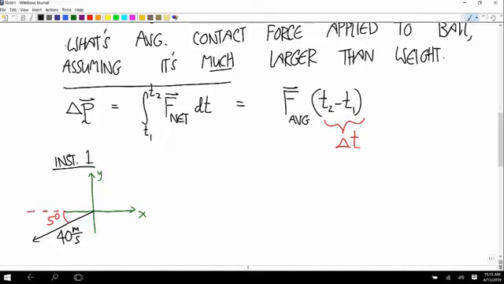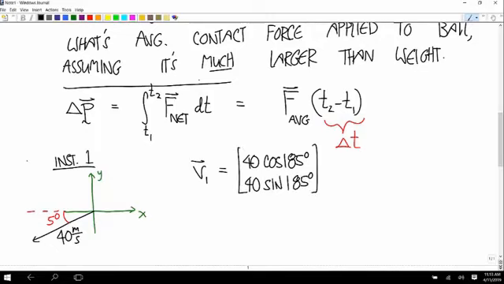So you can think of that velocity vector as 40 times cosine and sine of 185 degrees. Can someone plug that into a calculator and tell me what that is?